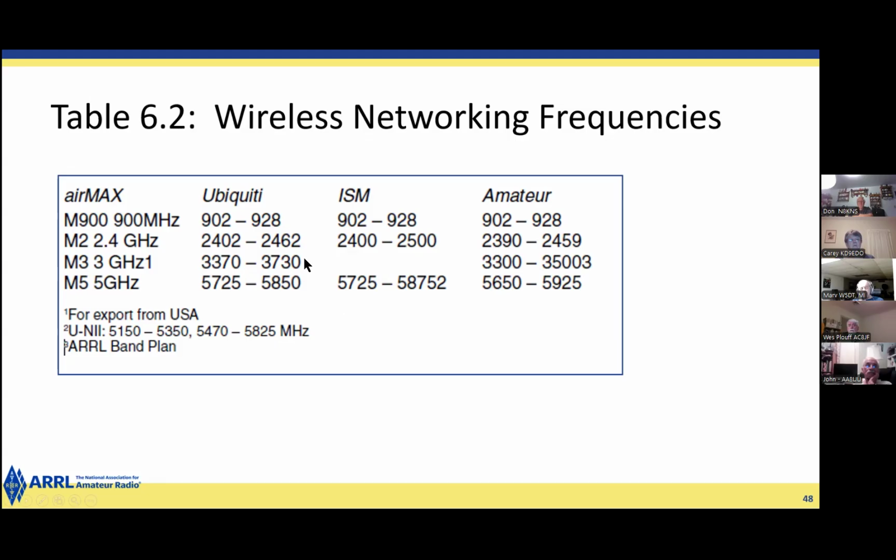But it can also be used for other unlicensed uses, such as industrial controls. So in this case, the high-speed amateur wireless networking shares bands with other types of users, and so it's also subject to interference from other types of users, for instance, from home Wi-Fi.